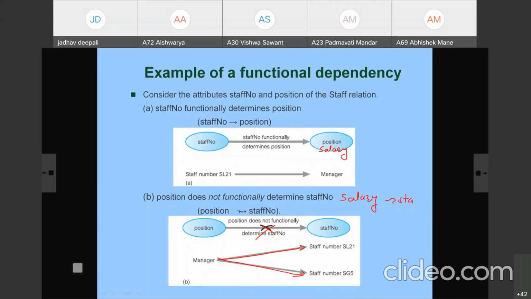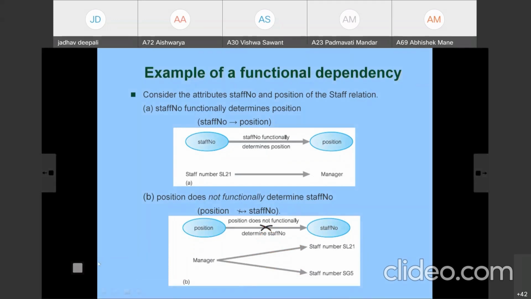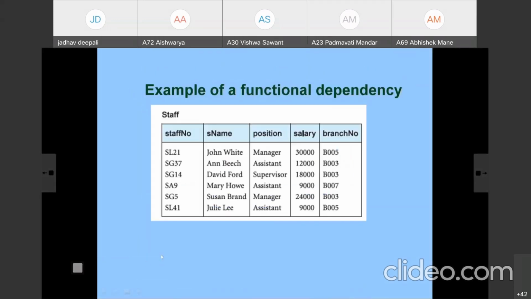But we cannot say salary tends to staff. It is not possible, because multiple staff have the same salary. That's why it does not determine. So in this way, if we know the relation, we can also find out the functional dependencies.